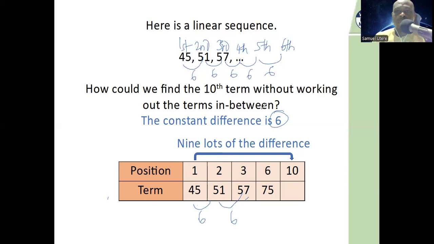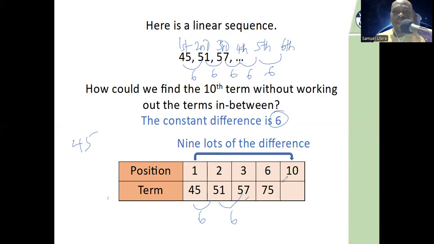So if we know that the first term is 45, and then we have to add 9 lots because we're trying to get to the 10th term, so it's going to be 1 less.